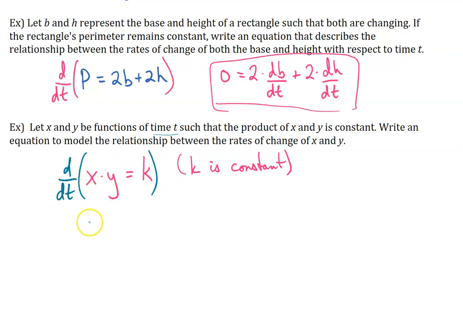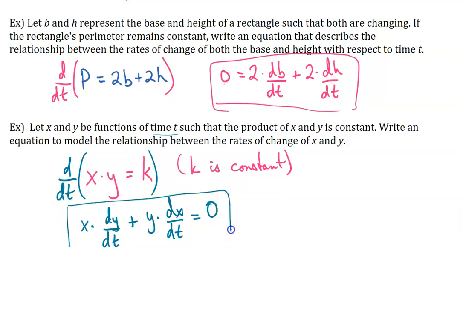That's going to give me x times the derivative of y with respect to t, which is dy over dt, plus y times the derivative of x, which is dx over dt, equals, and again, k is a constant, so the derivative of a constant is 0. We don't have to put dk over dt because dk over dt is 0. And this is our equation.